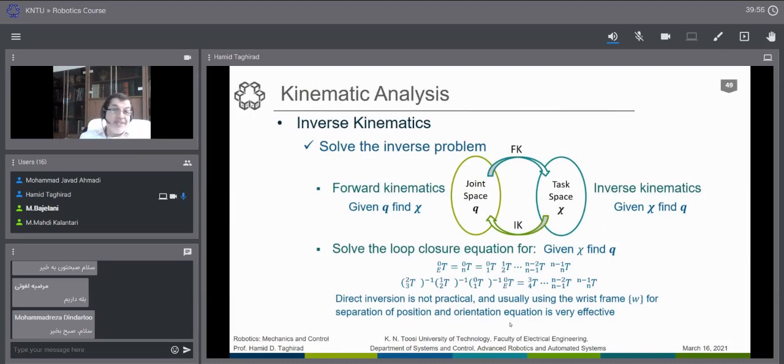Or the desired orientation, as you mentioned, which is better in terms of control. An orientation could be given by Euler angles, could be by screw, it could be by anything, but we can represent it as a rotation matrix.